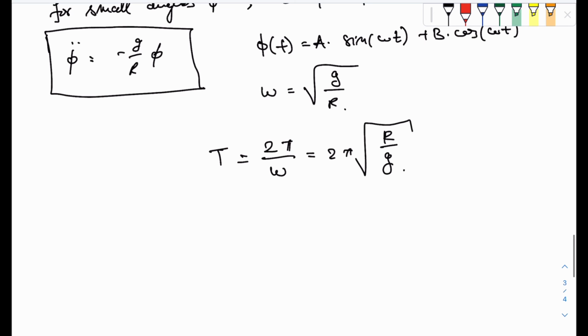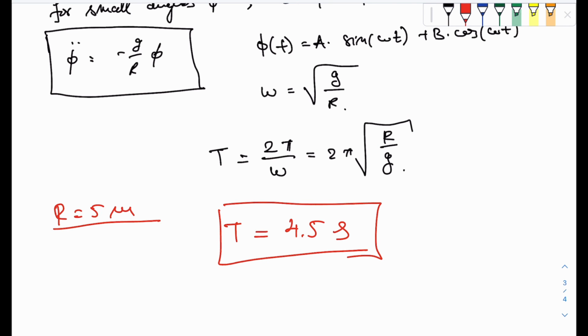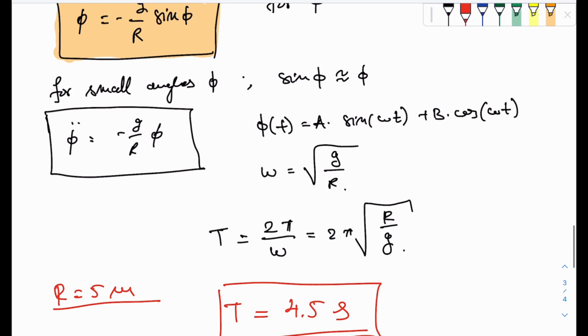If you have a radius, let's say R equals 5 meters, you can find that the period of the skateboard going from, let's say, a point A and coming back is going to be 4.5 seconds. So this is an example of using polar coordinates for Newton's second law.